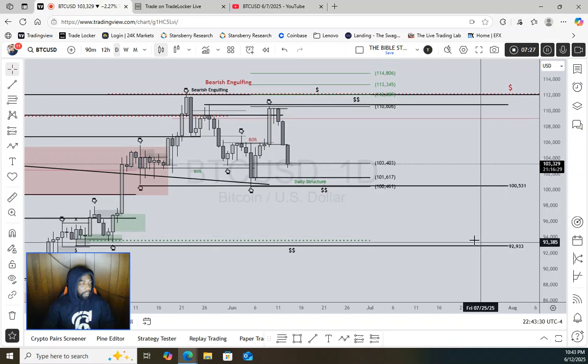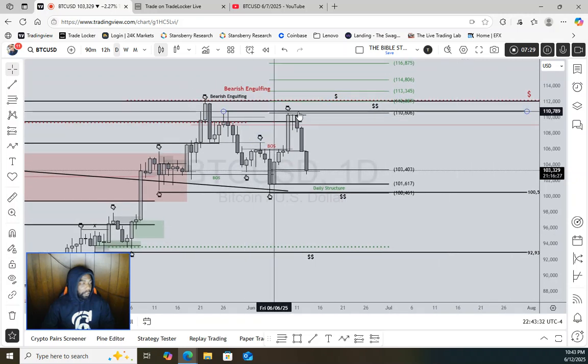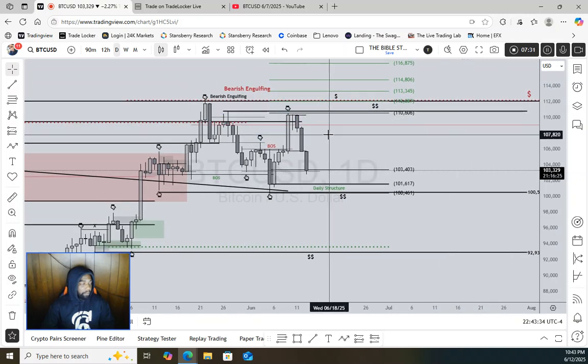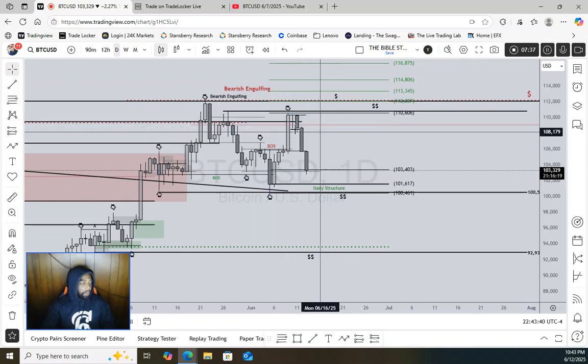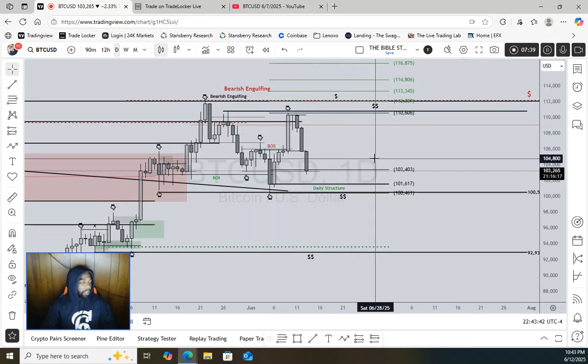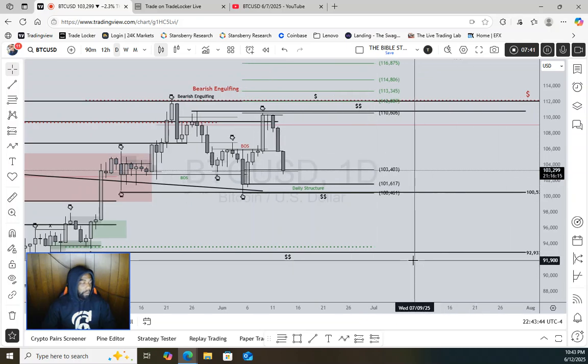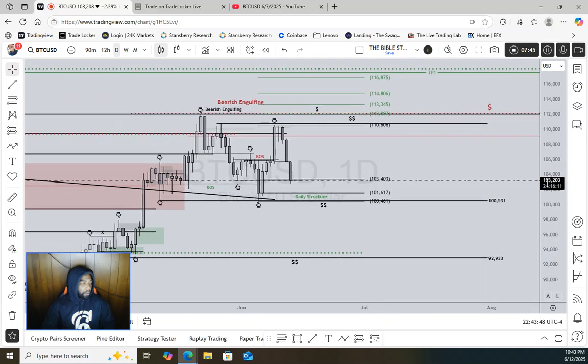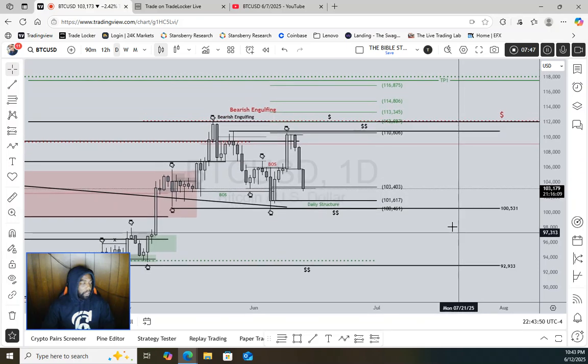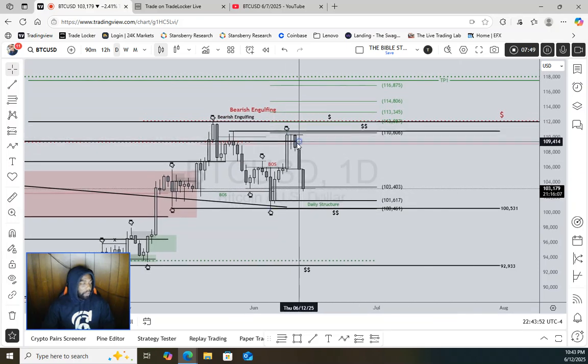And if you're analyzing this being bearish or resistance, then you see what the price did here on the daily time frame at those levels.